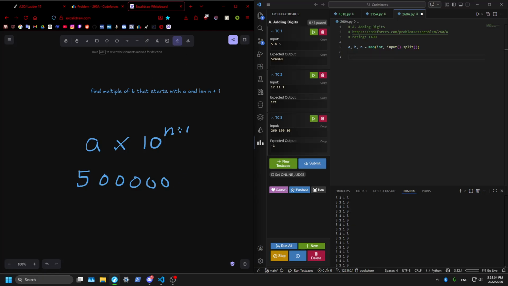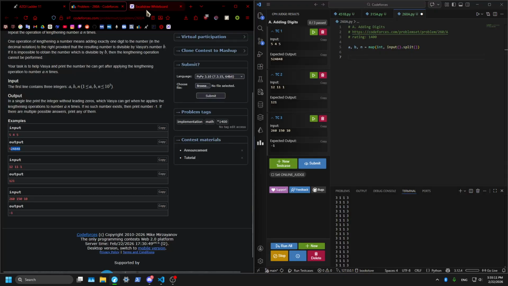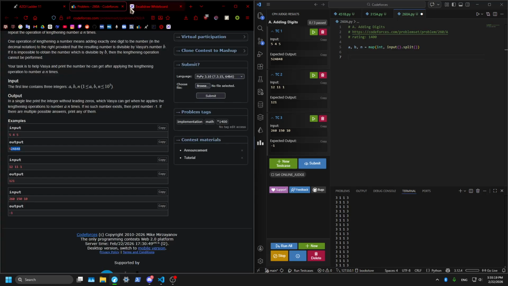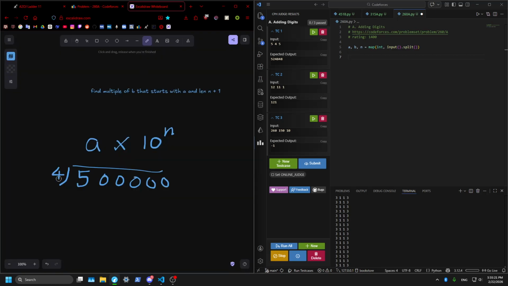N is 5, so no, it's just this. This is our minimum, and then we need to find a multiple of 4. So this divided by b, which is 4, is 1.